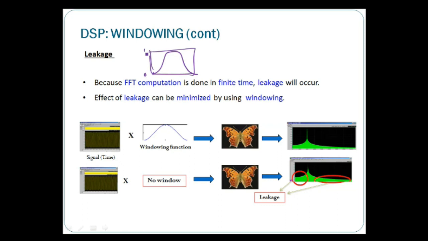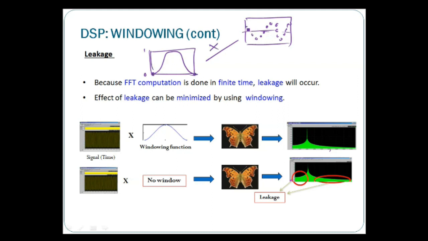If you have a signal which doesn't start at 0 and end at 0, right, you multiply it with this window, which is 0 at the ends.